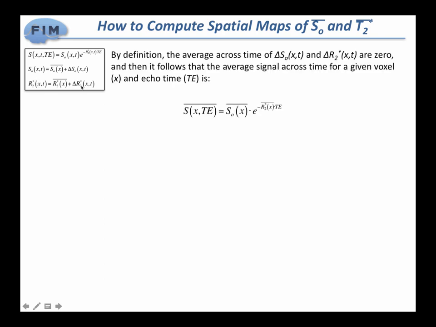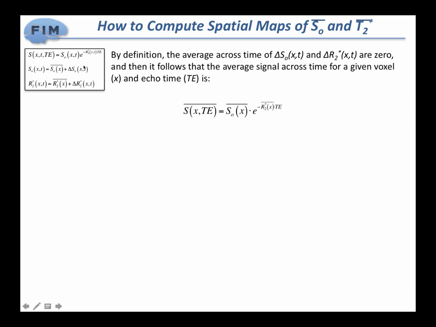The way we define things, because we said that this is equal to the mean and something sitting on top of that mean, and this is equal to its mean and something sitting on top of that mean, these two guys, we can assume that they have a mean of 0, okay? It follows the way we have defined things.